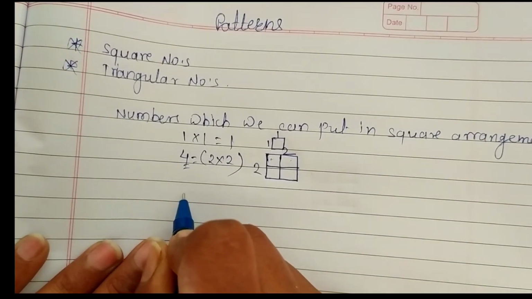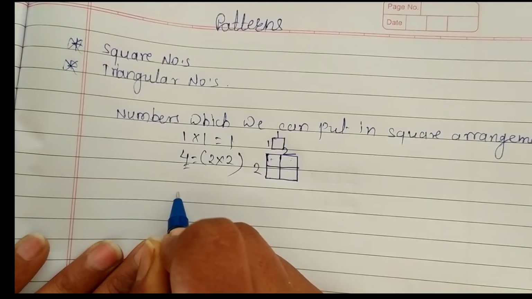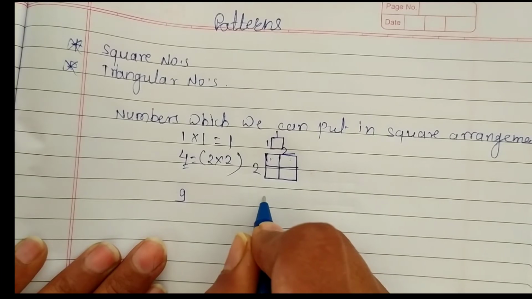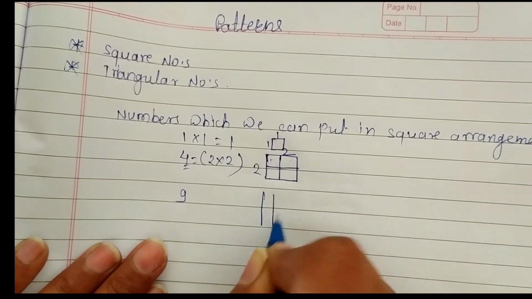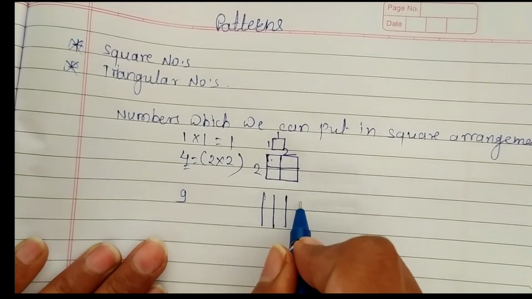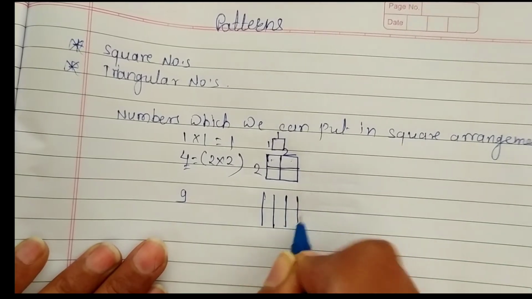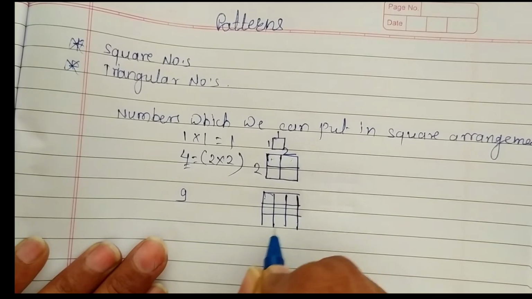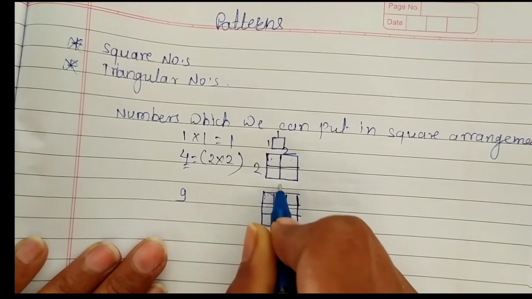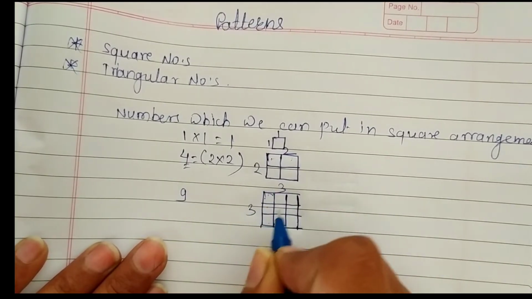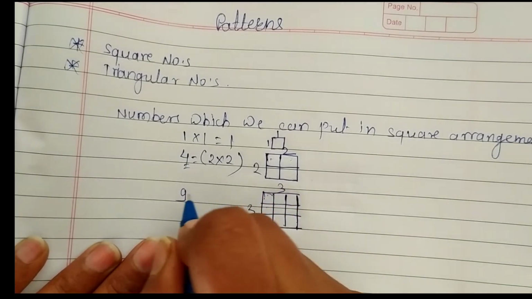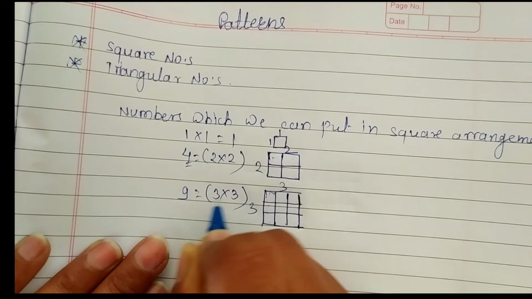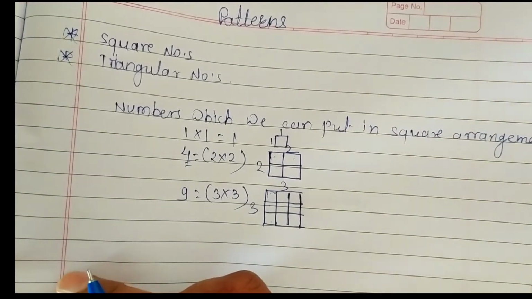Now we can arrange the number 9 in a square also. Like this. 1, 2 and 3. 1, 2, 3 and 1, 2, 3 in vertical and horizontal way. So can we get a square? So 3 by 3 is equal to 9.